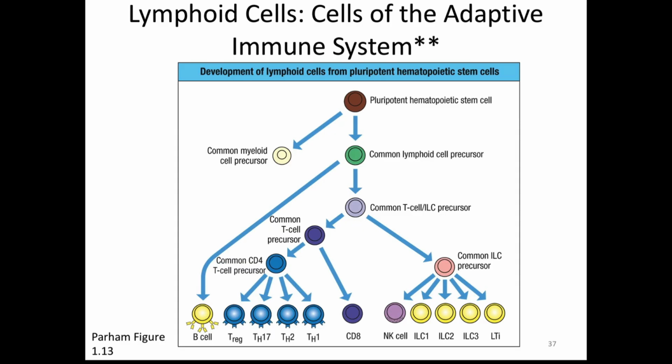I told you at the beginning of the semester that lymphoid cells were cells of the adaptive immune system, but I had to put some little stars next to it. Yes, we get B cells and our normal kinds of T cells, but there's also this whole other list of types of immune cells that don't quite fit in, that are now known as ILCs, or innate lymphoid cells.